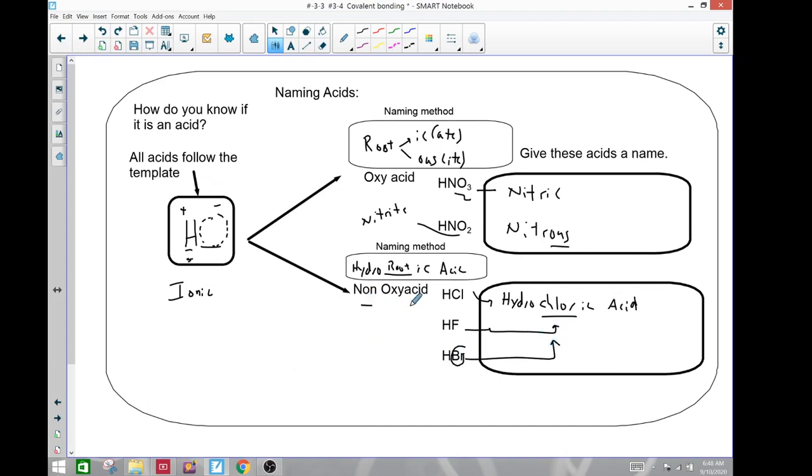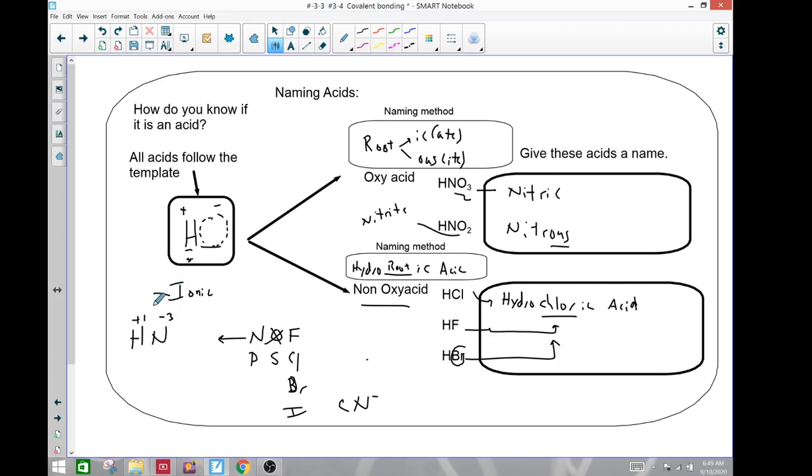Then these non-oxy versions, there's not that many of them, and it's just my non-metals. And we do have cyanide, which is also non-oxy. That happens to work nicely in this area. Oxygen, of course, is out. That would just be water. But when we write out an acid, this one, for example, would be N with a -3 and H with a plus 1, so we charge balance.